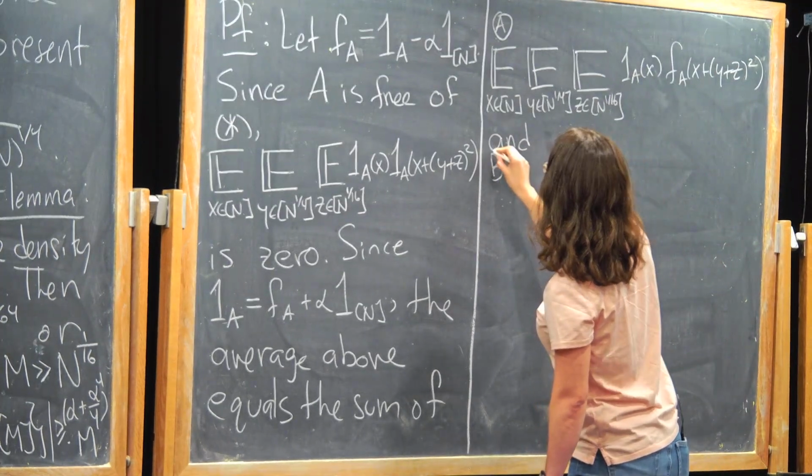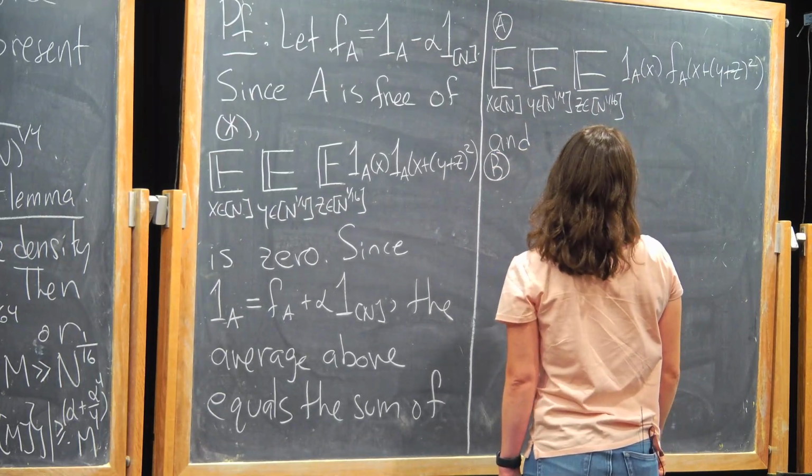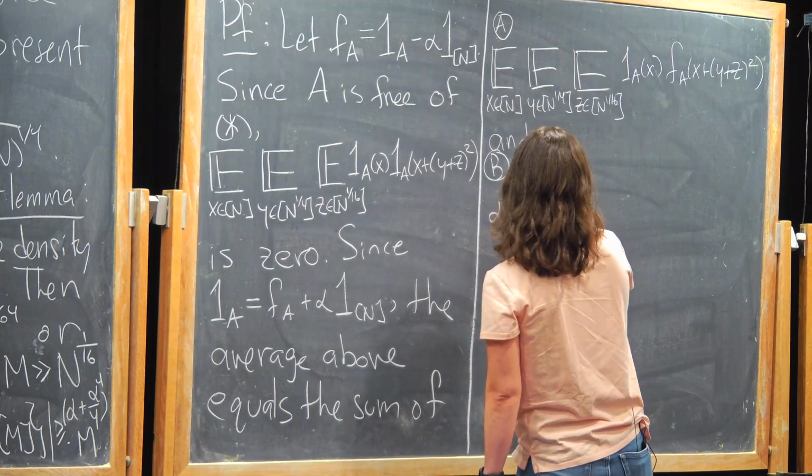And the second term, B, will be the same, with this replaced by alpha times the indicator function of the first n integers.